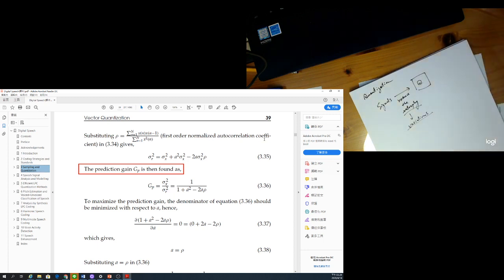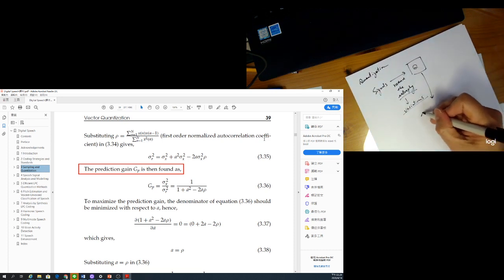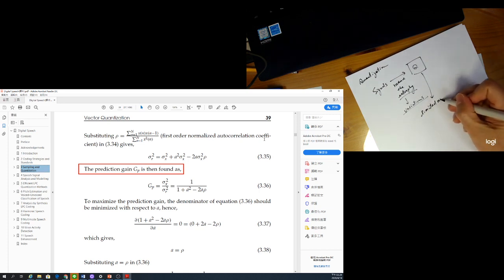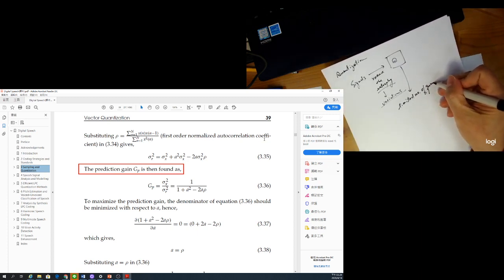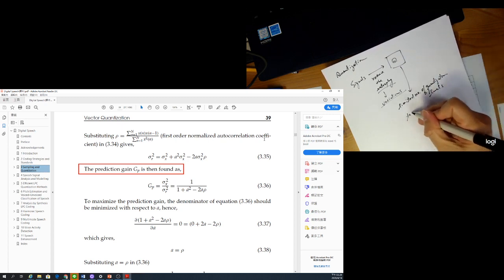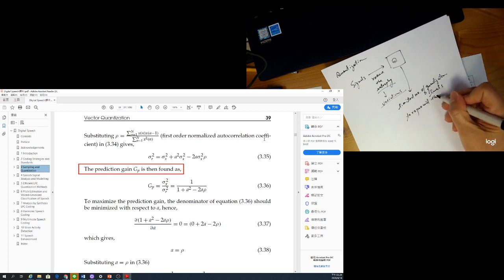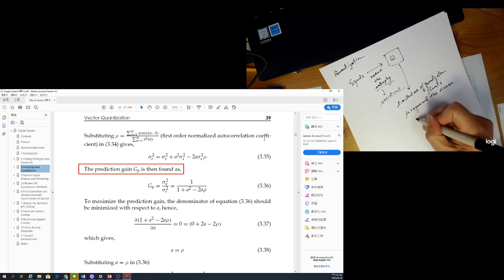What is the meaning of quantization? We are using a limited number of quantization levels to represent diverse data.